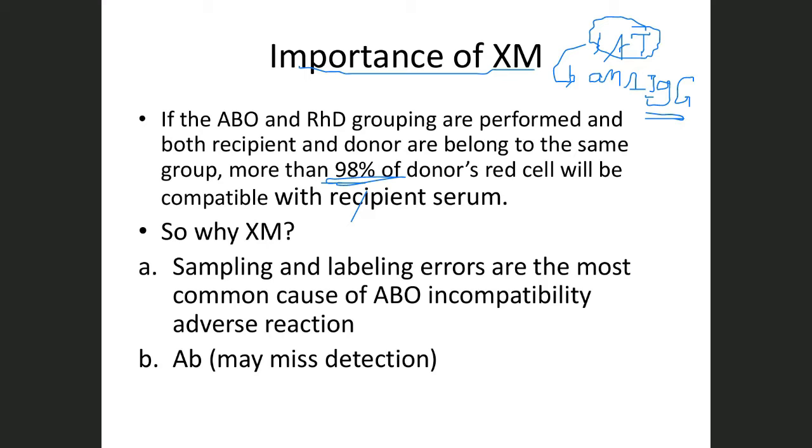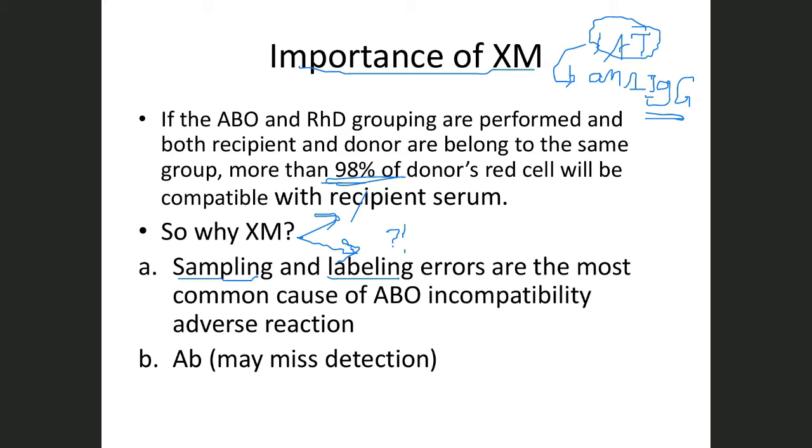So some people said there is no need for cross matching, and they started to do electronic cross matching, and we will do it. However, other people said no, it is still important. Why? Because they said it may be a sampling error or a labeling error, so this may happen.